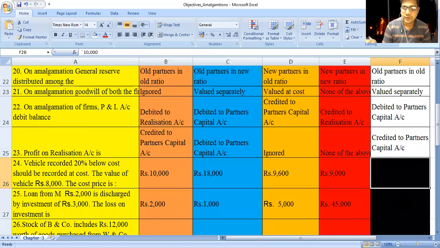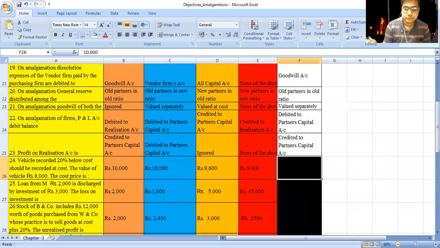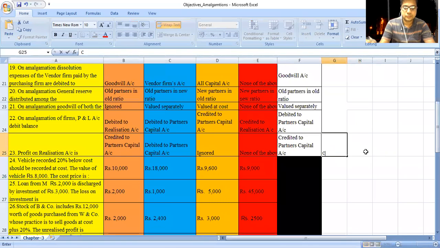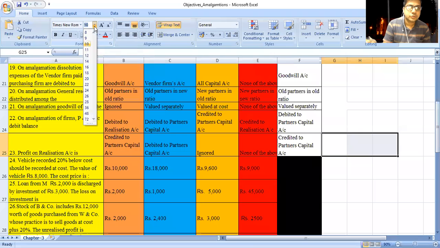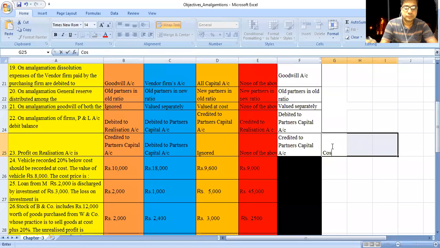Now friends, whenever we talk about any cost, three items we have to consider: cost, then profit, and selling price.